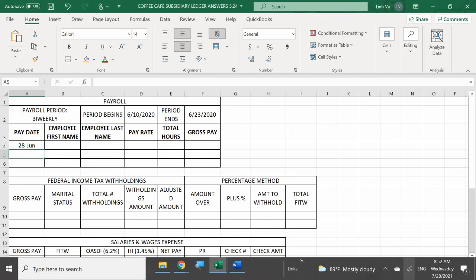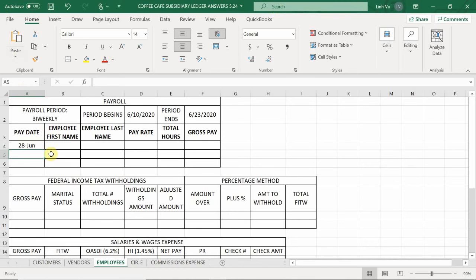So that means she's going to get paid on June 28th. The employee's name, first name is Irene. Last name, Jameson. Pay rate, we're only going to give her $8.50 an hour.